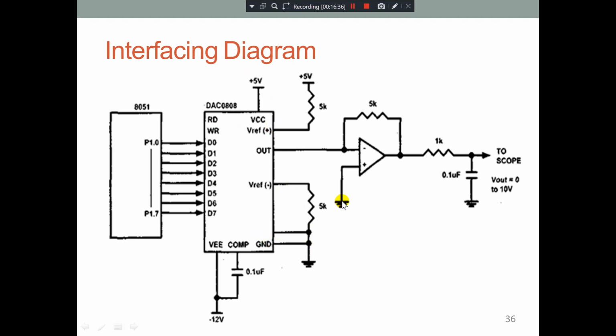There is an amplifier, and we connect a CRO to see the output. Using the DAC, we can construct triangular wave, square wave, sine wave, sawtooth wave, ramp wave, etc. The only thing is we need to code accordingly.